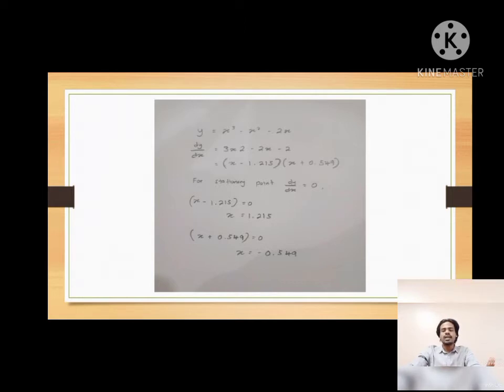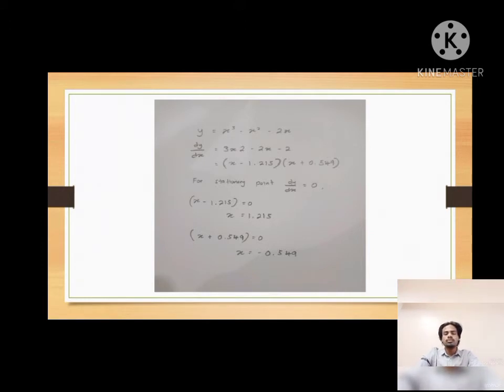After we get dy over dx, we have to factorize the equation. After factorizing, we get two factors. One is bracket x minus 1.215 bracket, and the other is bracket x plus 0.549 bracket.